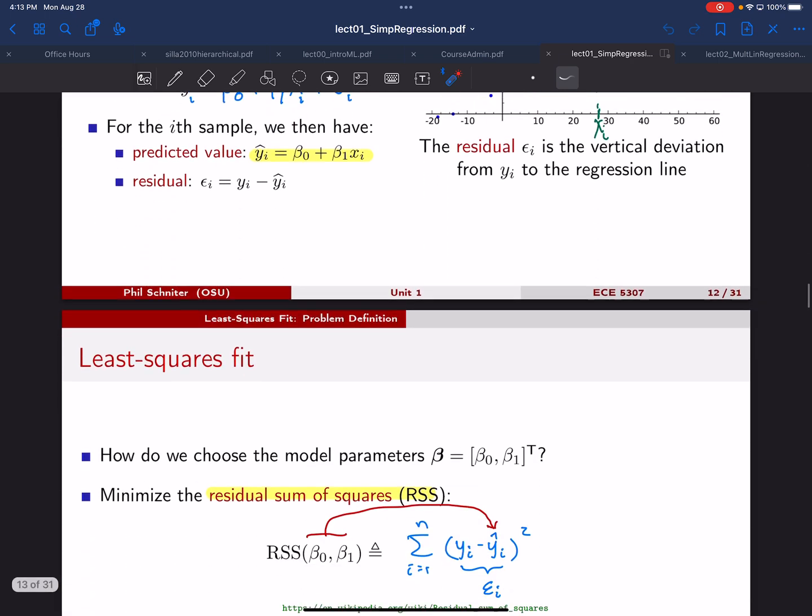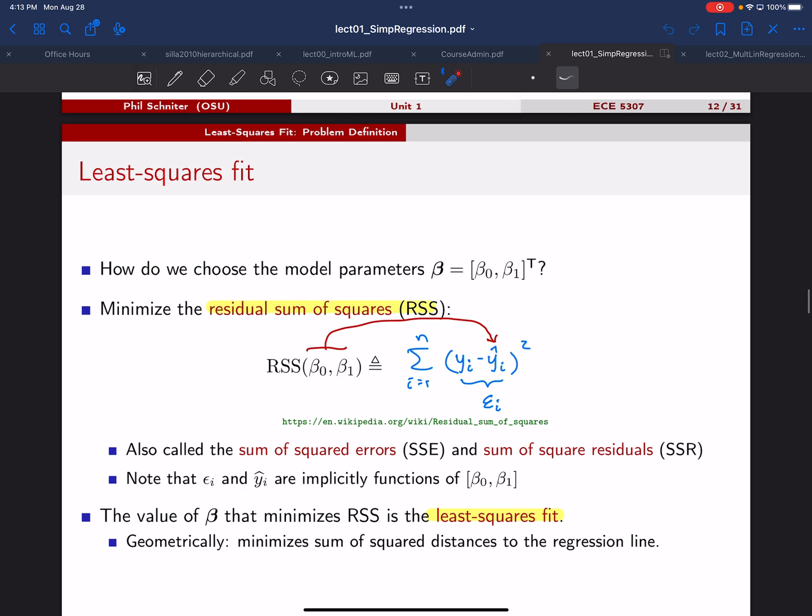And then we said that what we're going to do is we're going to do a least squares fit, or we're going to minimize the residual sum of squares. So from one perspective, that's like taking all these epsilon i's, squaring them, summing them together, and that's what we want to minimize.